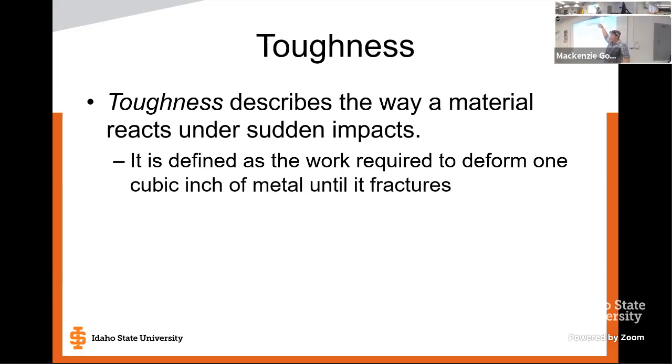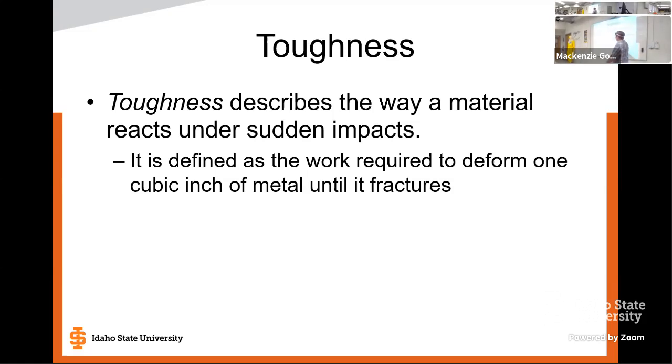They essentially take a very heavy, very tough metal, and they create a point on it. And then they lay a thin sheet of whatever metal they're testing across the test stand, secured at the end. And then they drop that pointed hard metal weight into it, and they see how far they dent into the sheet of metal.